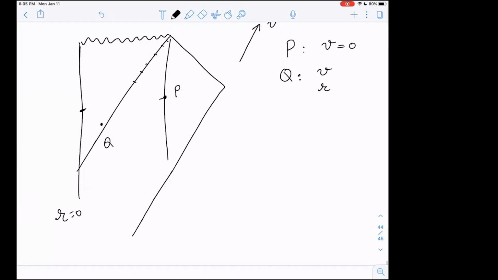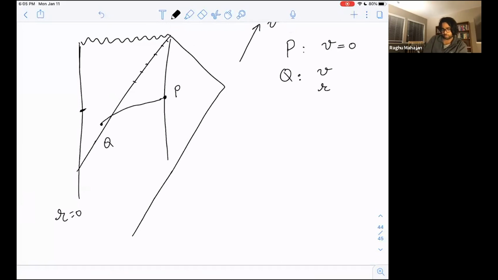So we have to find some way of computing the entropy of the matter fields in PQ. At one point, you might give up because it's a 4-dimensional black hole. There's a 2-sphere here, and we don't even know anything about 4-dimensional entropies. But we start to make progress when we realize that most of the Hawking radiation happens in the S-wave modes. There is a potential barrier for the higher angular momentum modes.